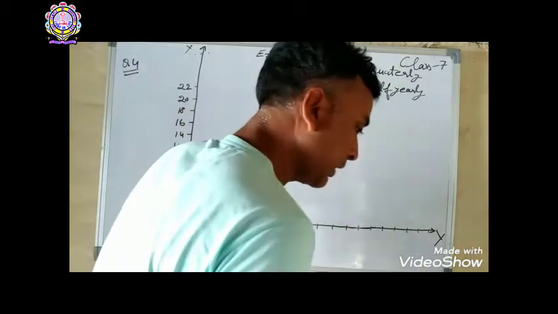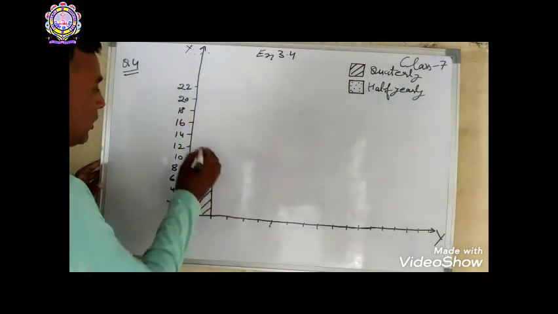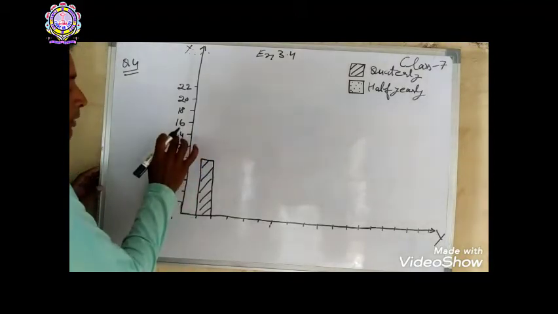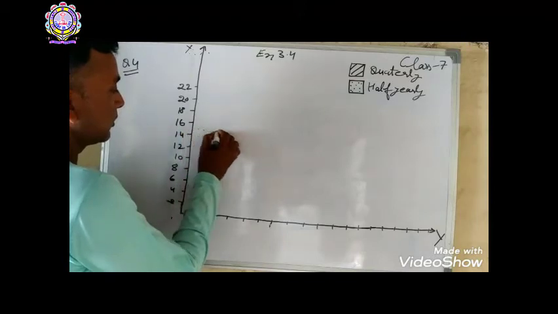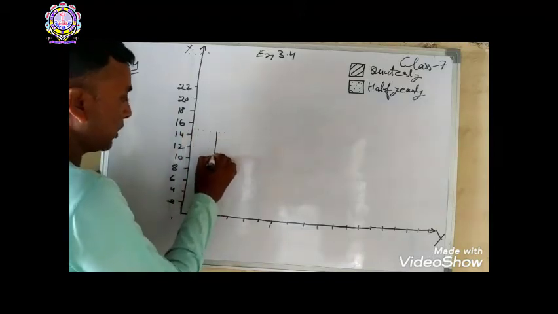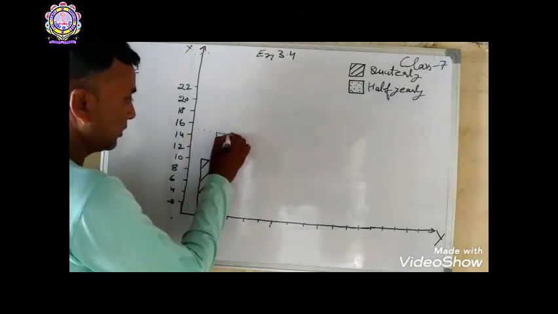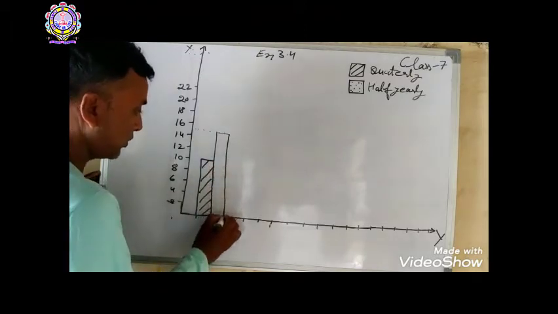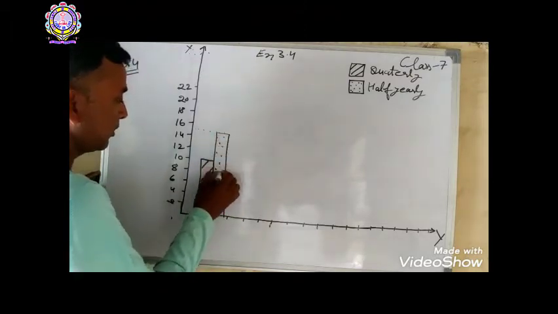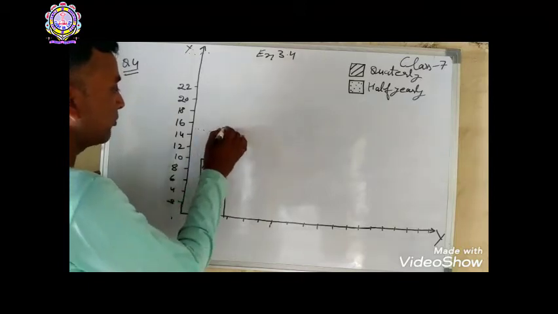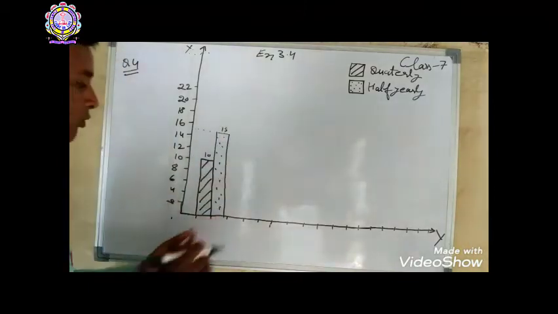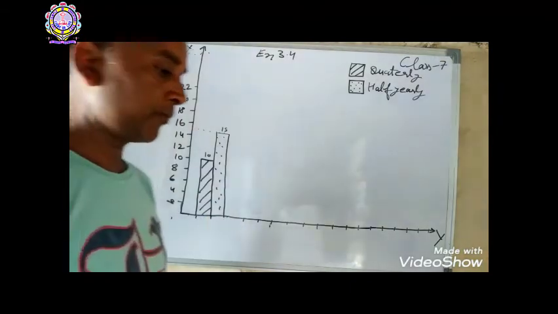Second is half yearly, that is 15. So 15 comes between 14 and 16. Okay, so we use the double bar graph here and use this as dotted line. So you write here 10 and here 15 and leave one gap between them.